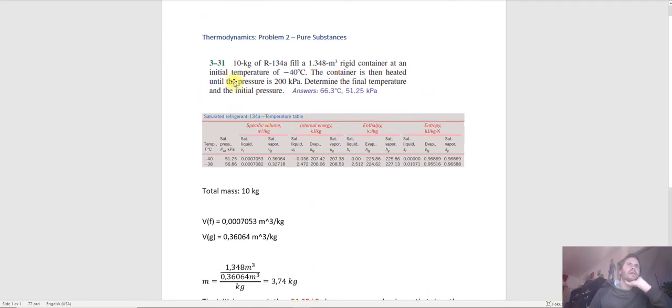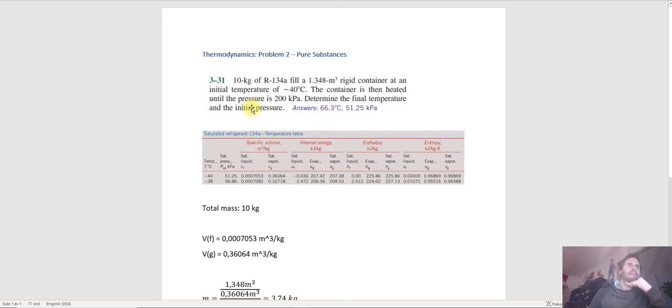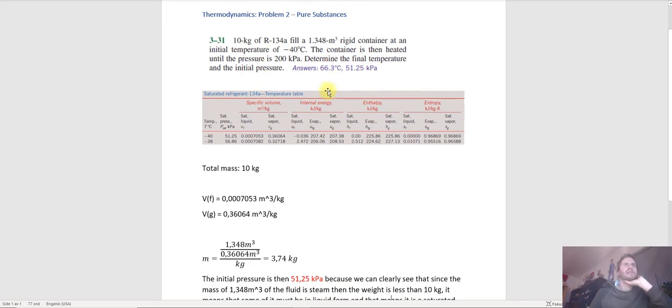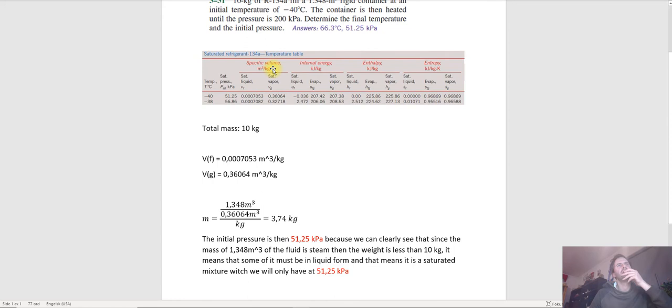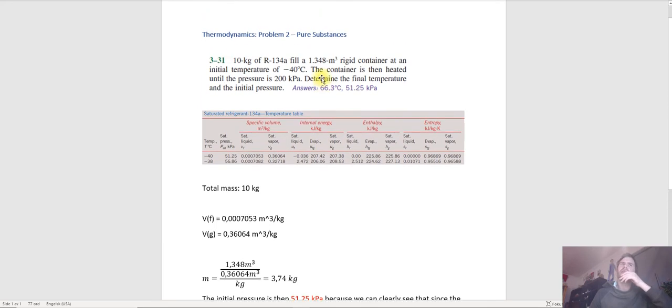Okay, now determine the final temperature. What is the final temperature? The container is heated until the pressure is 200 kilopascal. What happens if the container is heated? Well, the temperature of course increases.